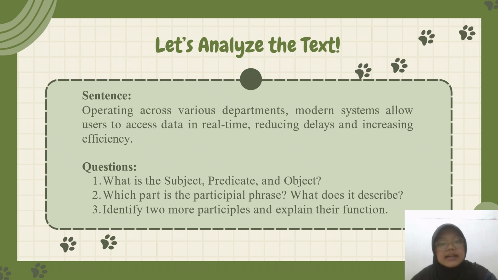So, real-time access reduces delays and increases efficiency. They provide additional information about how the system works. How is that? Does this analysis help you to see how participles and participle phrases work within complex sentences? Pretty cool, right?